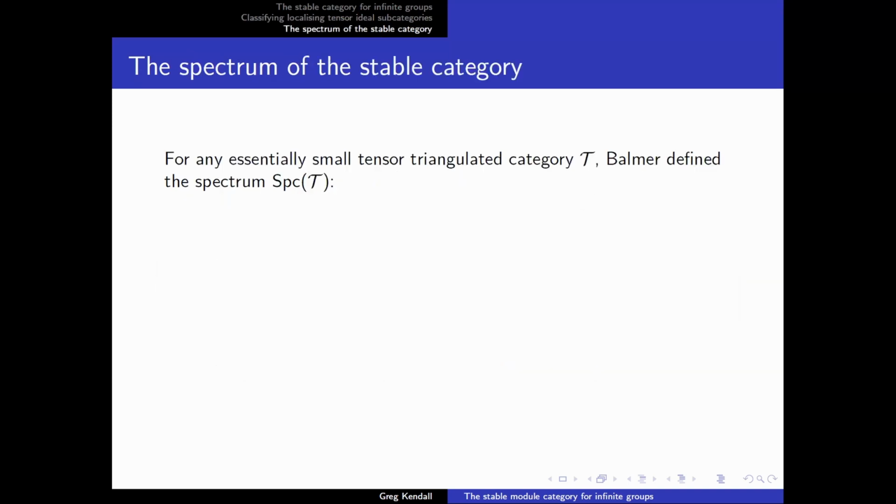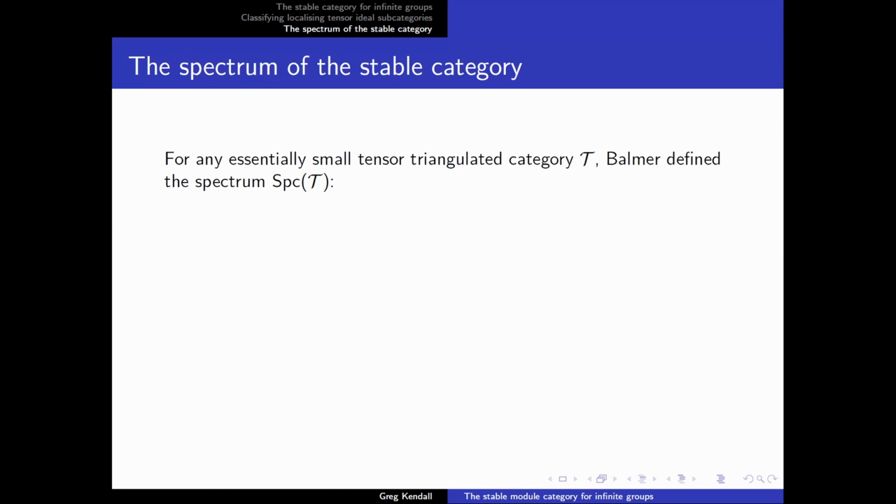Great, so I won't say more about that. What I want to talk about finally is the spectrum of the category. This was defined by Balmer, about 20 years ago. You take an essentially small tensor triangulated category, which I'll say more about in a second, and he defines the spectrum of prime ideals.